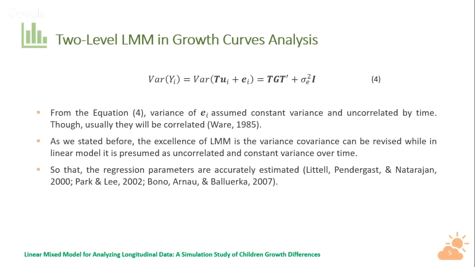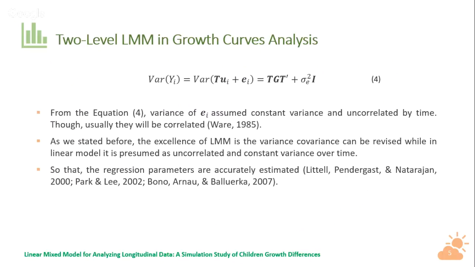From this equation 4, the variance of error is assumed constant variance and uncorrelated by time, though usually this will be violated since the subjects in longitudinal data will be correlated.